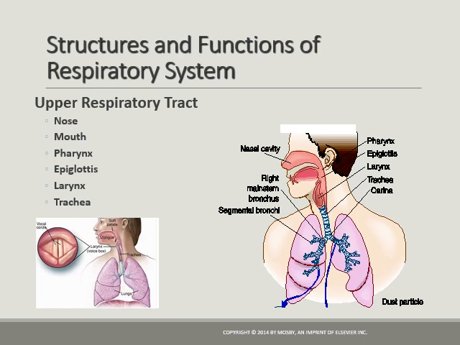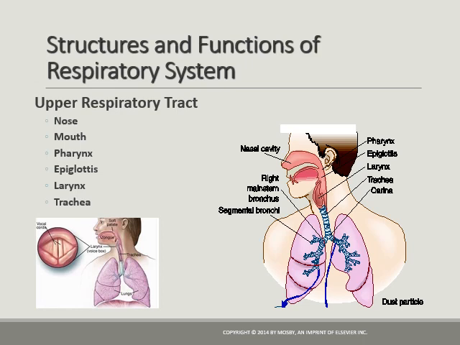So air enters the respiratory tract through the nose, and then the nasal cavity connects with the pharynx. That is a tubular passageway that's subdivided into three parts. So you will know the nasopharynx, the oropharynx, and the laryngopharynx.